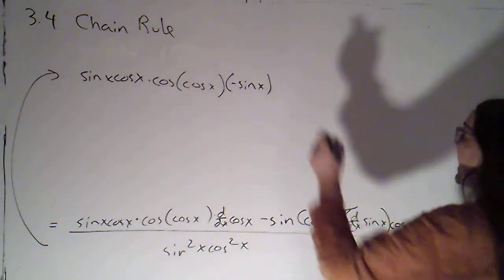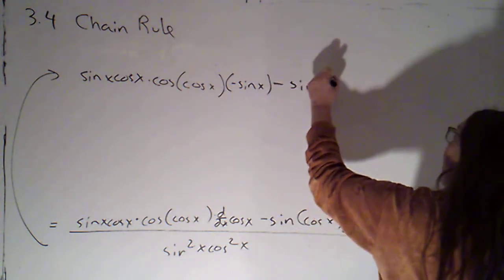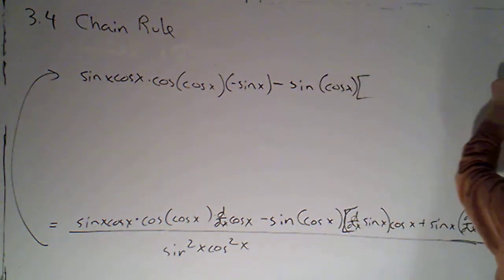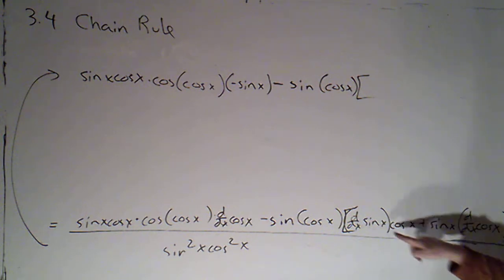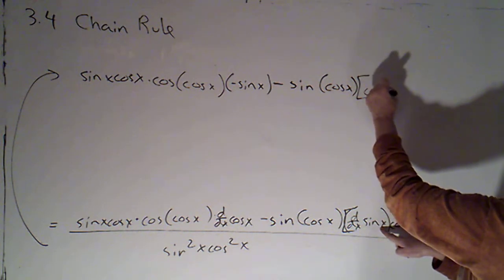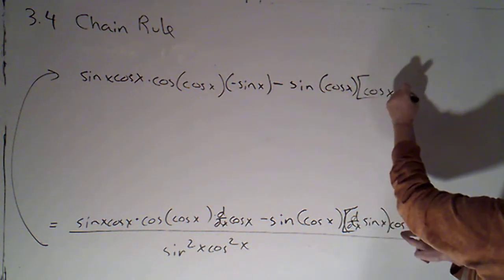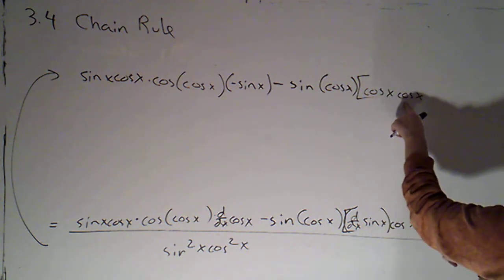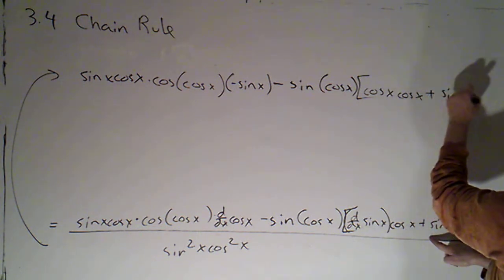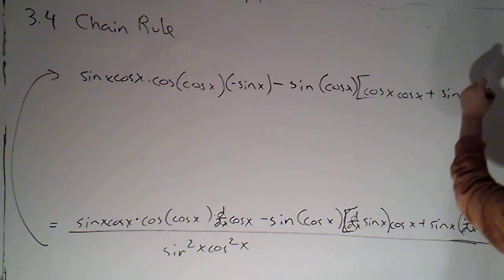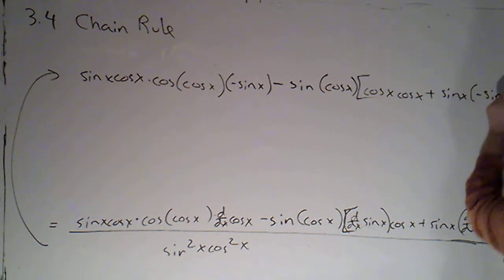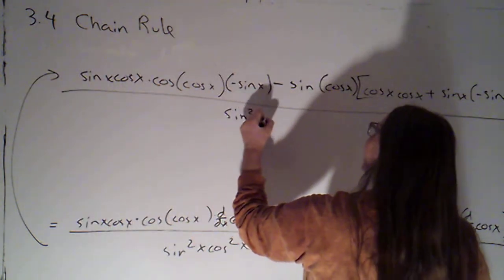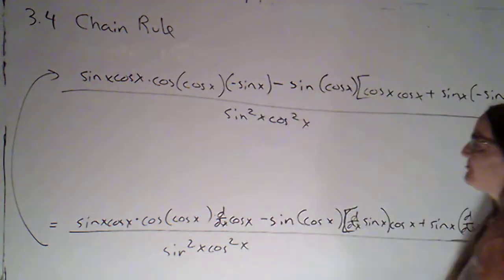All right, minus sine of cosine of x times, in brackets, because this was the entire product rule, the derivative of sine is cosine, and that's multiplied by cosine. So both of those have an x. That's cosine x times cosine x, plus sine of x times the derivative of cosine is negative sine x, all over sine squared x cosine squared x.